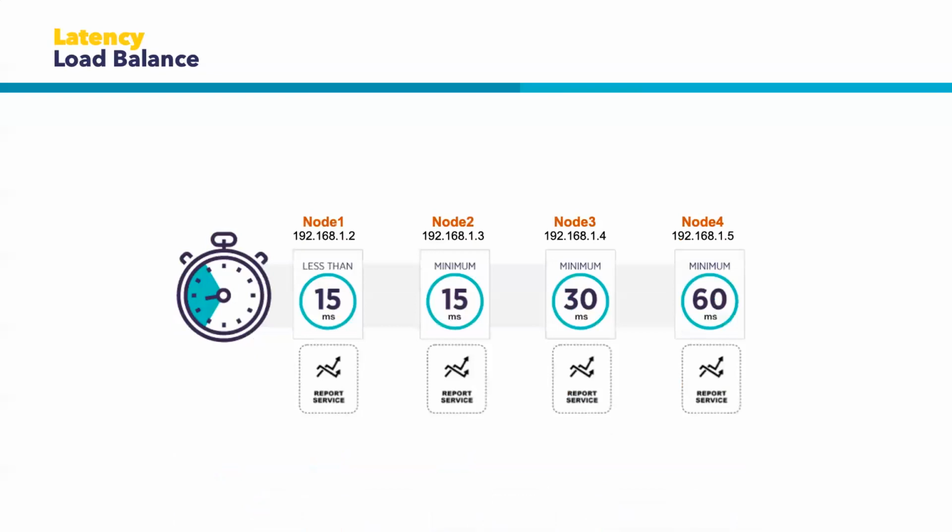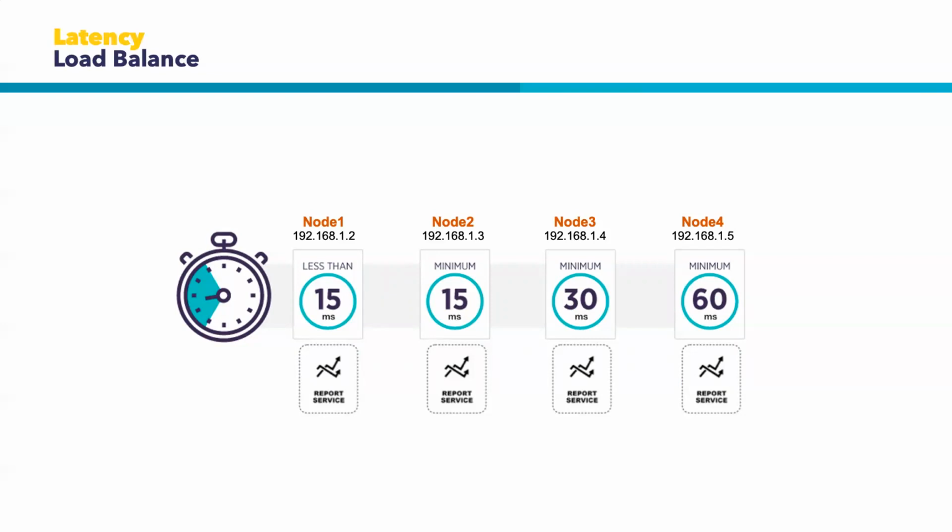So for example, I am deploying my services into different nodes. I have node 1, node 2, node 3, and node 4. Different report services are deployed. 4 nodes running report services. Now, remember, we have the service discovery. Service discovery actually keeps track of latency metrics between the services.